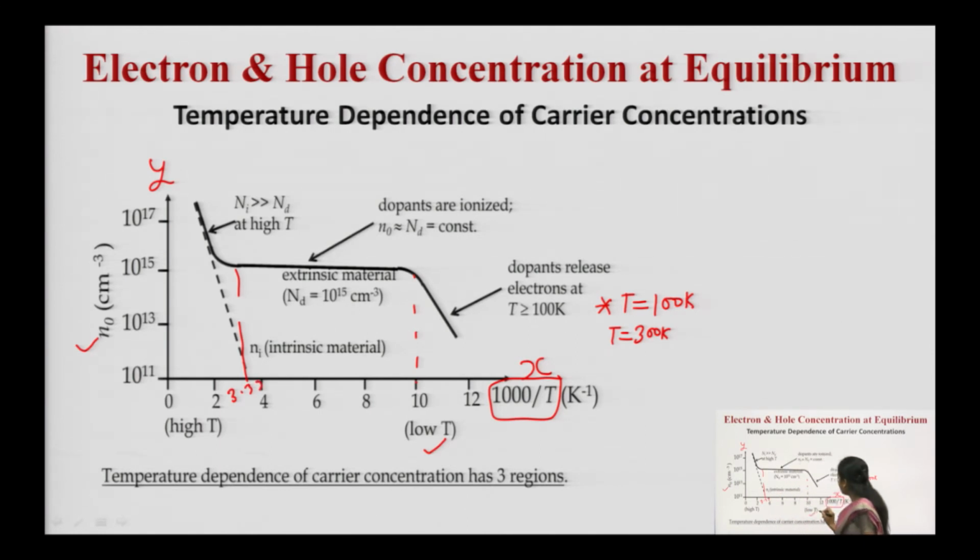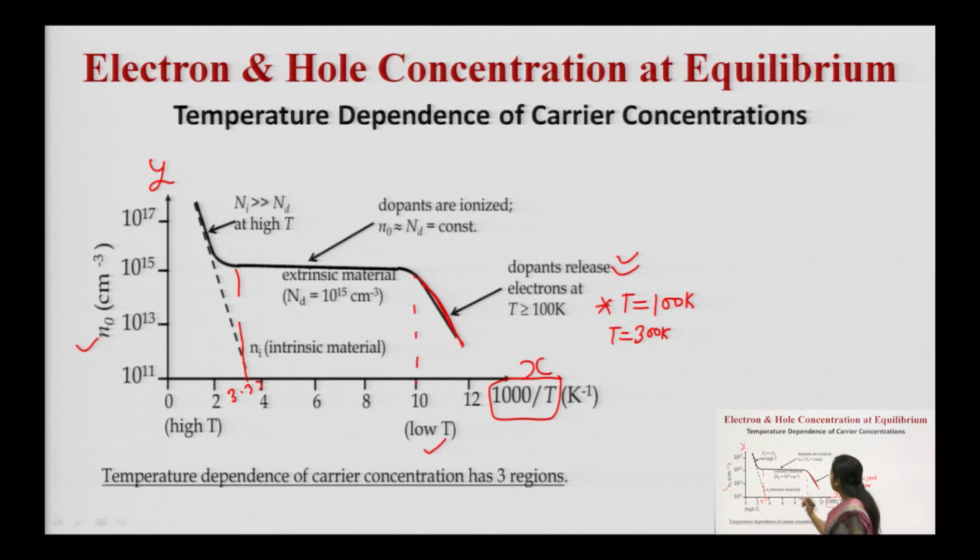When the temperature is very low, this term will be high. It means at that point, the dopant will release the electrons and they will be ionized. So this region is known as the ionization region.